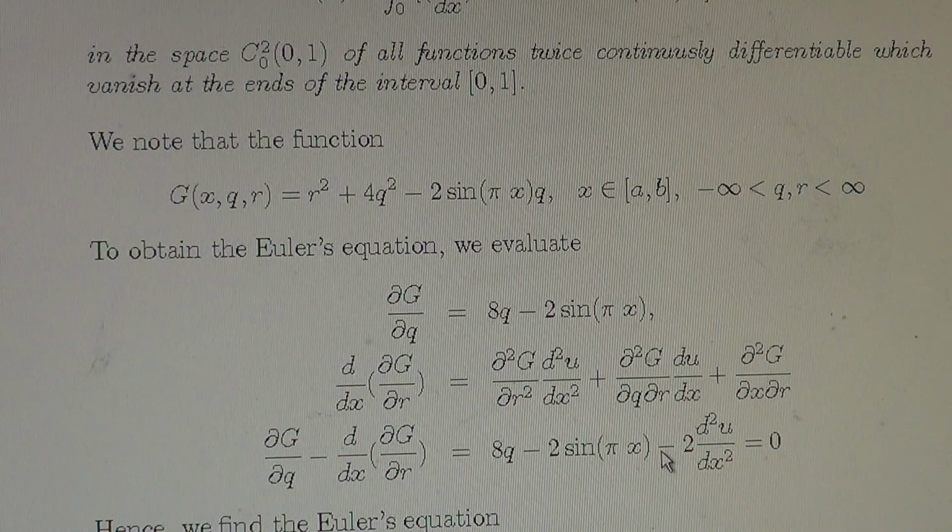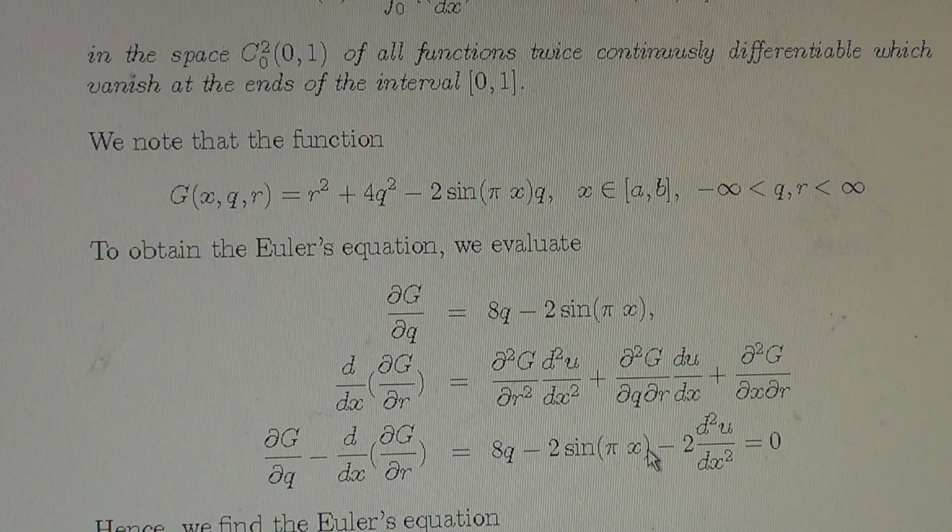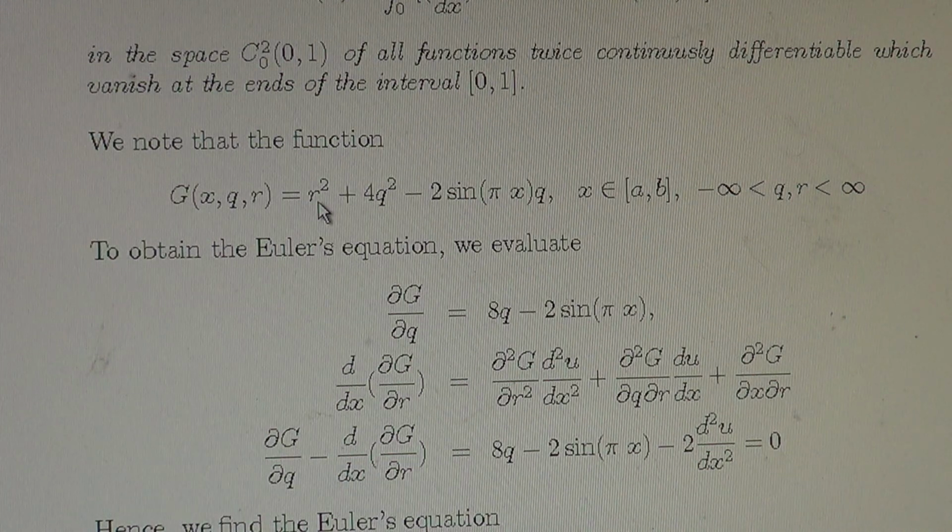So minus, put that 2 we have here instead of that second derivative, and we have the second derivative of u as in the formula. The mixed derivative with respect to q and r is 0, because if we differentiate this first with respect to r, we have 2r.